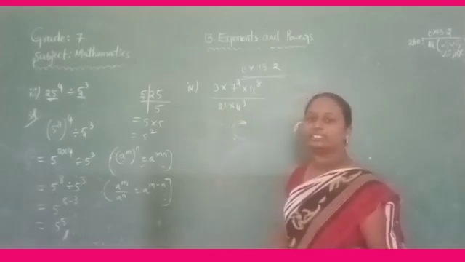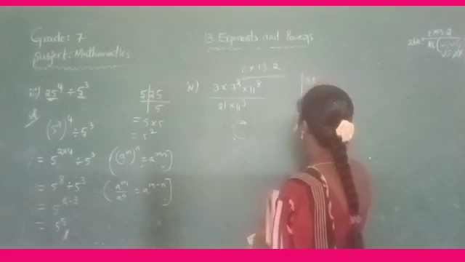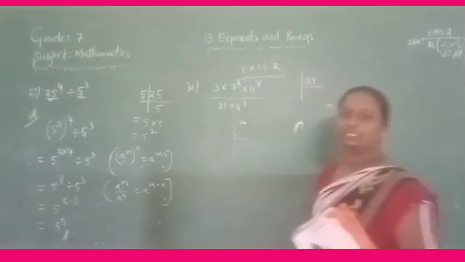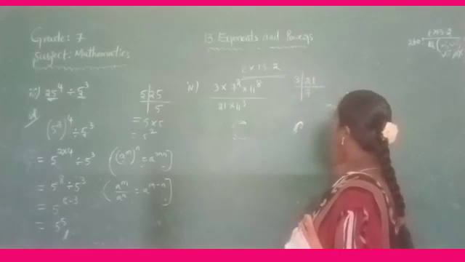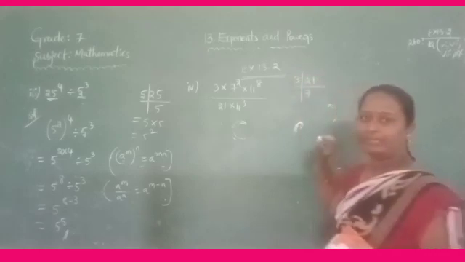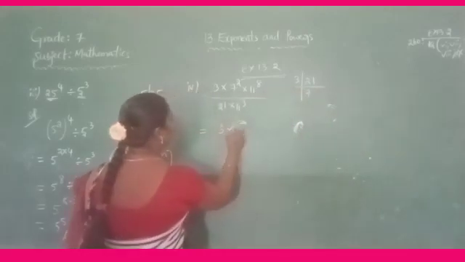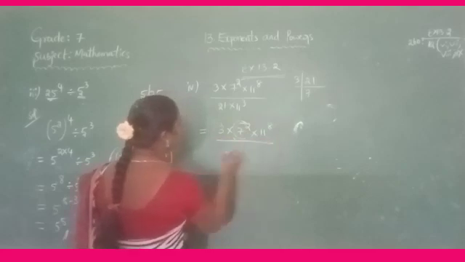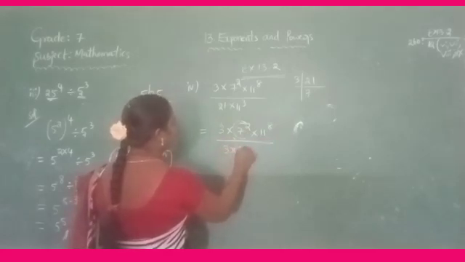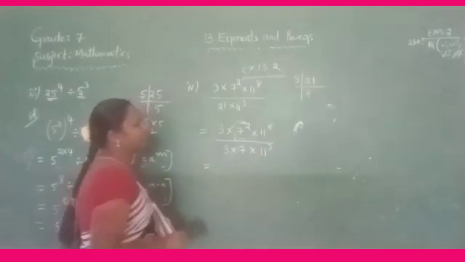We have to write this one in the exponential. So before that, find the prime factors of 21. What are the prime factors of 21? 3 sevens, 3 into 7, only that. We can write 3 into 7 square into 11 to the power of 8 by 3 into 7 into 11 cube.